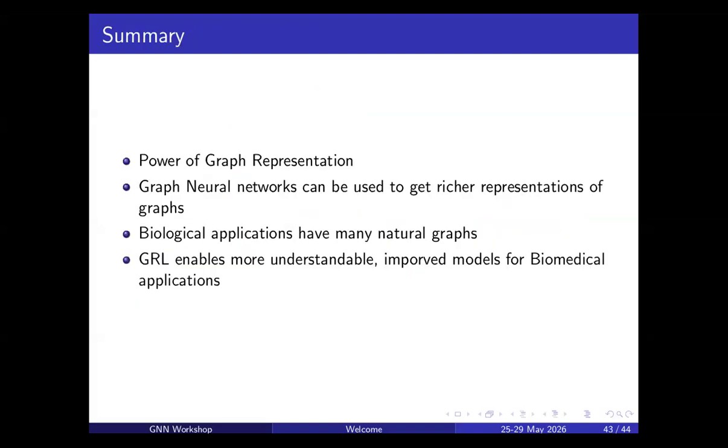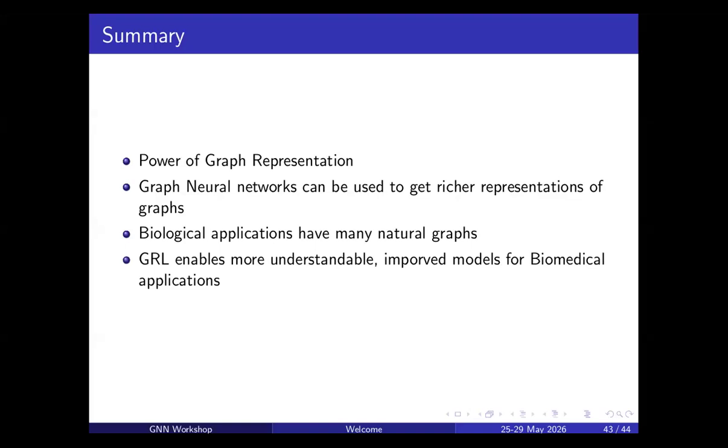With this, let me conclude what we discussed so far. We started with the question: why graph, why not sequence or grid kind of data? A graph can capture relationships beyond the tabular form or the grid structure.